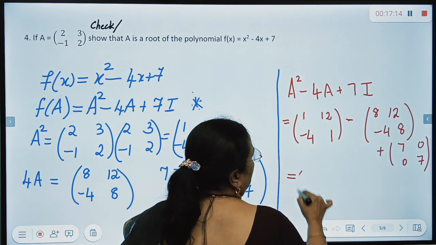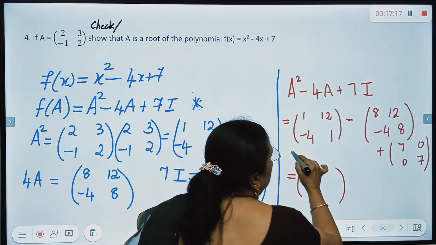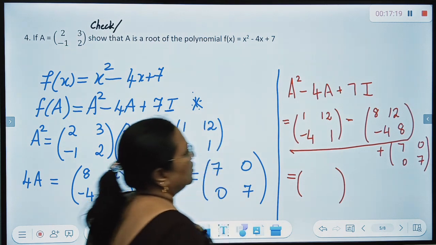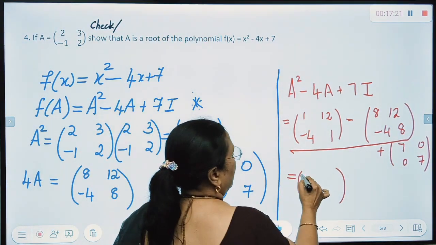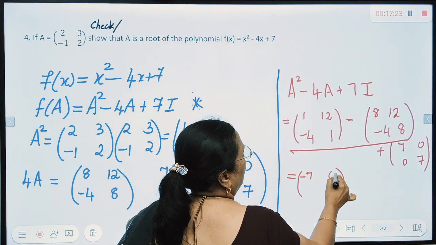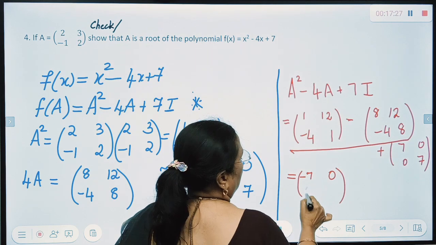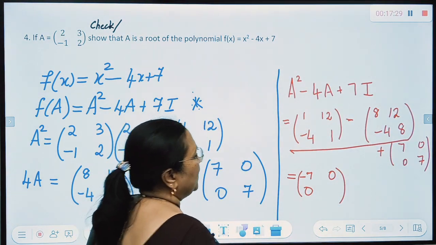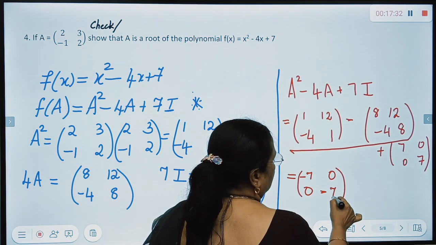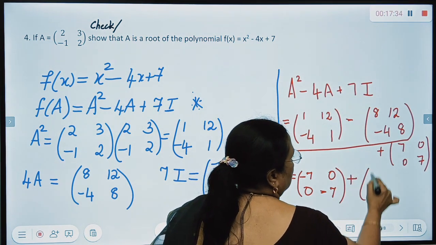First let me do these two. 1 minus 8 is minus 7, 12 minus 12 is 0, minus 4 plus 4 will be 0, 1 minus 8 is minus 7, plus this now, [[7,0],[0,7]].